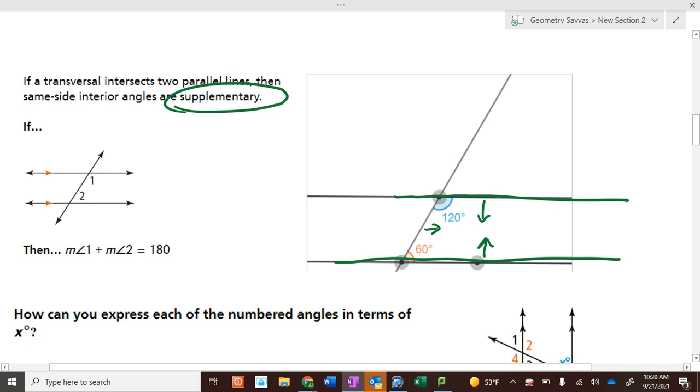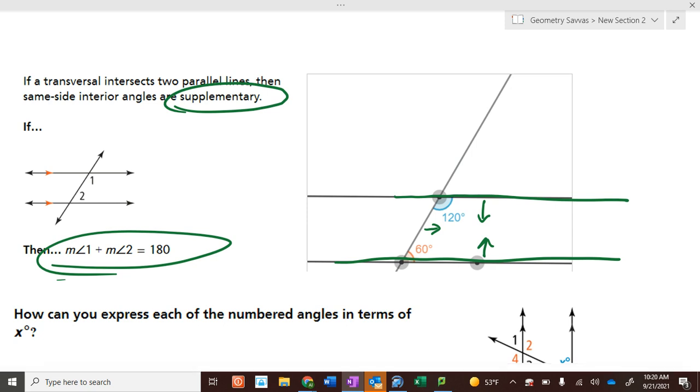What does supplementary mean, Mia? They add up to equal 180, exactly. They add up to equal 180. So, if they're same side interior angles, they add up to equal 180. If they're alternate interior, alternate exterior, corresponding, they're equal to each other. But if they're same side interior, they add up to 180.